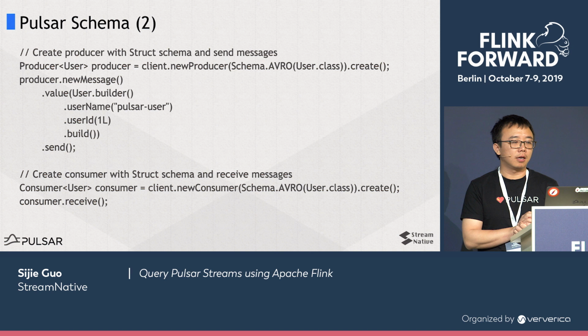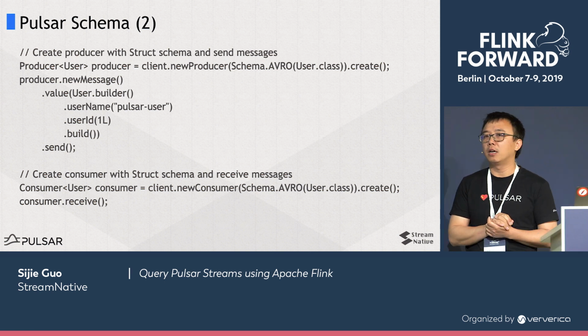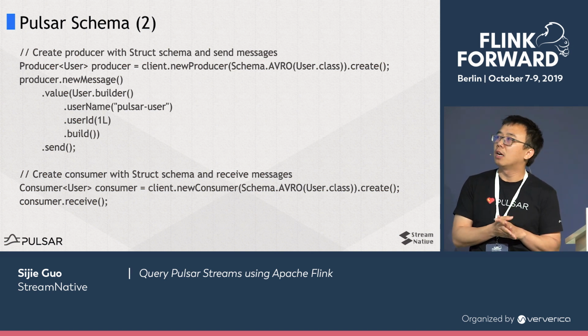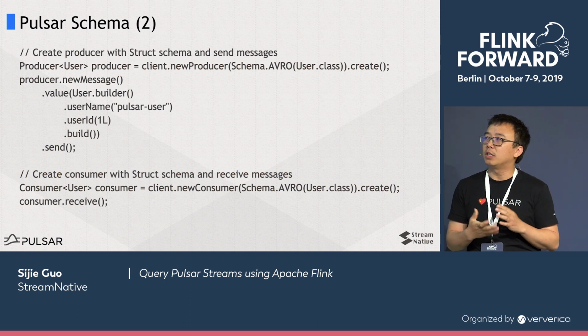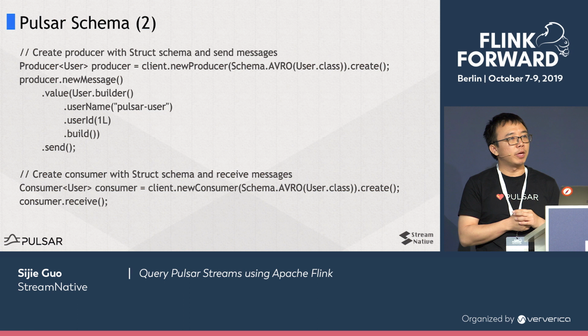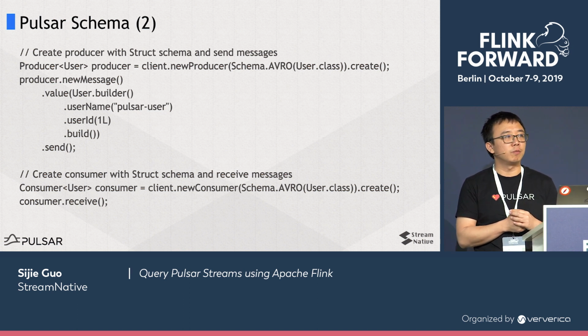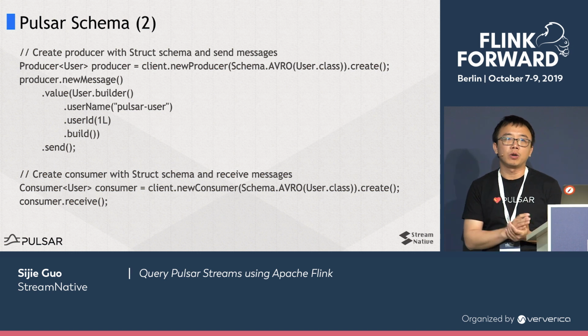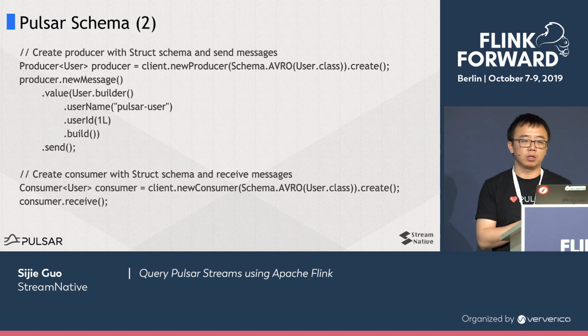Similarly, the consumer can also specify a schema to receive the data. On receiving the data, Pulsar automatically validates all the schema information, fetches the schema of the given version, and then deserializes the data back to a POJO struct.